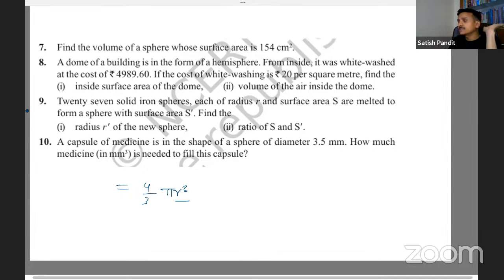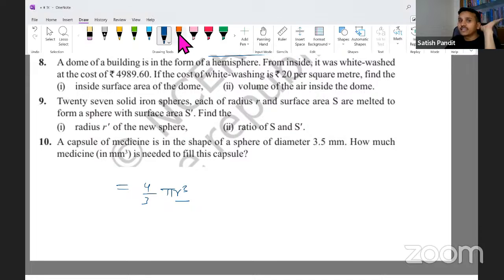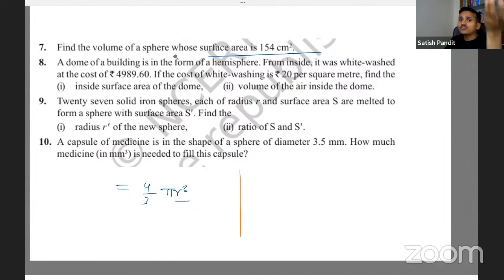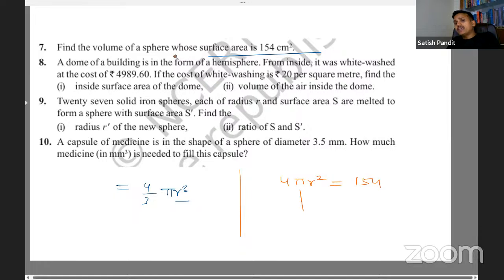We need the radius, but they've given the surface area. So we can find r using the surface area. What is the surface area of a sphere? 4 pi r square. So 4 pi r square is 154. You know pi, you can find r because that is the only variable. Once you find r, substitute here, you can find the volume.